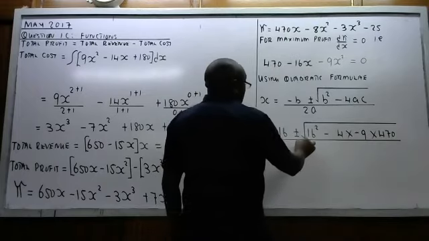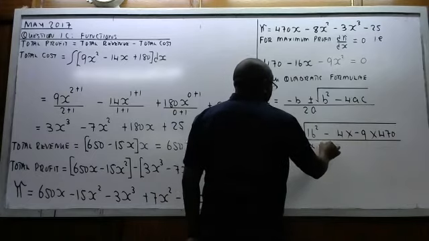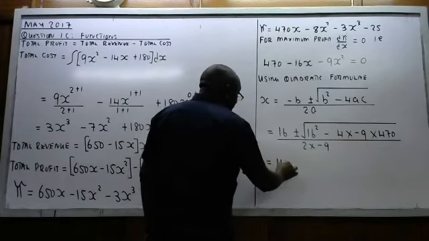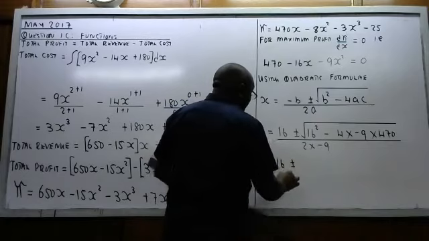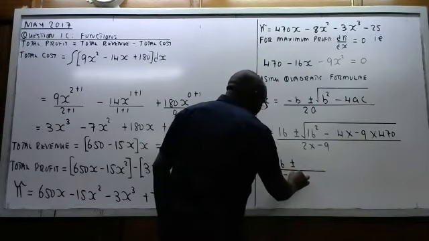This one, we say 2 times a, a is minus 9. So we proceed and say 16 plus or minus, here we divide by minus 18.